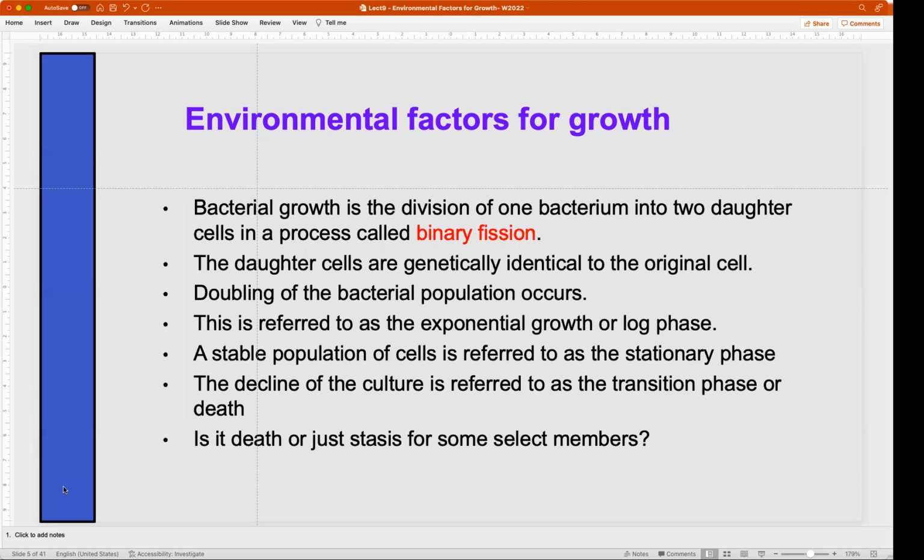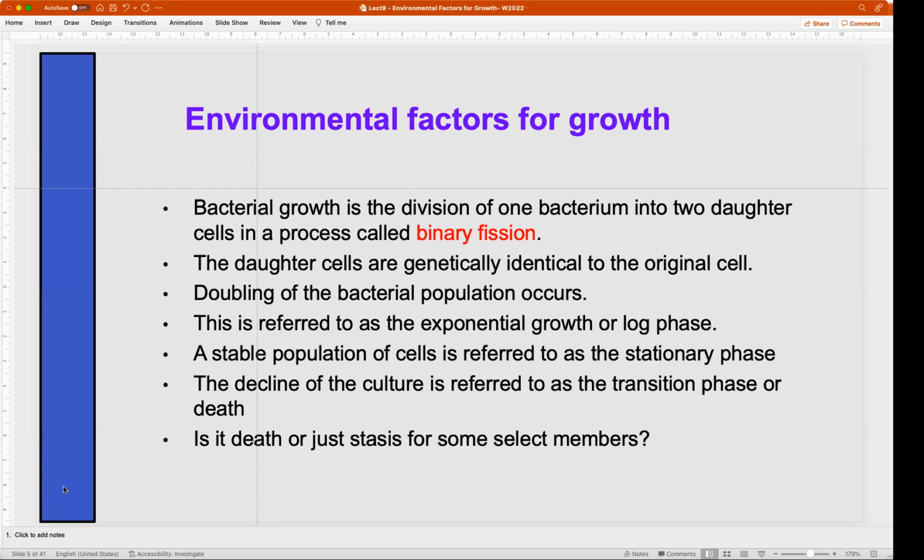Okay, so in bacteria and yeast, the growth of the organism into 2 cells is like a binary fission. And in bacteria, the daughter cells are identical to the original cell, so you can't really tell which is which. But 1 becomes 2, 2 becomes 4, 4 becomes 8, and it's doubling at a certain rate of time.